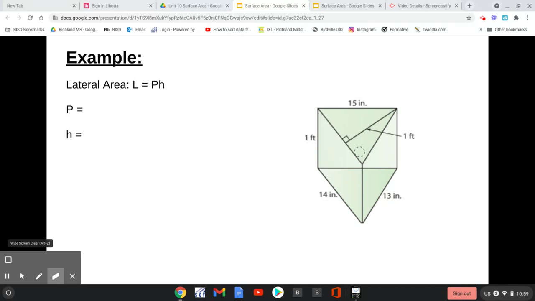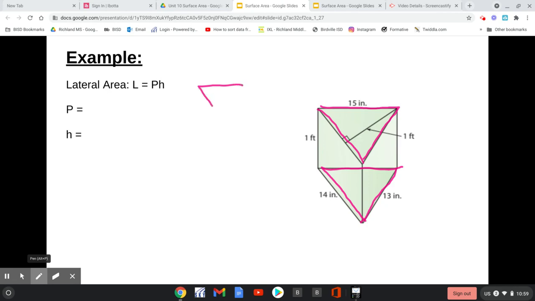So we know that this base matches this one. So I'm going to redraw my base. And I know if this is 15, down there is 15.